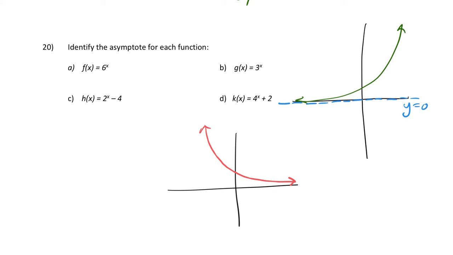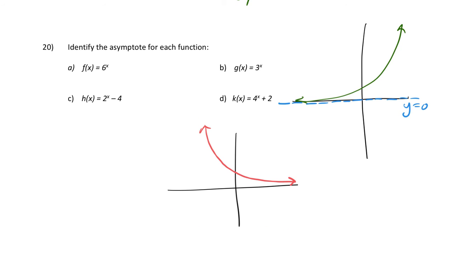Our curve, the function, will get closer and closer and closer to that 0, but it will never actually touch it. It gets so close that to the naked eye, we can't even tell a difference. It looks like it's touching it, but mathematically, it could be like 0.0000005 units away. We can't tell that. That looks like it's touching it for us, but it mathematically will never touch this horizontal line.